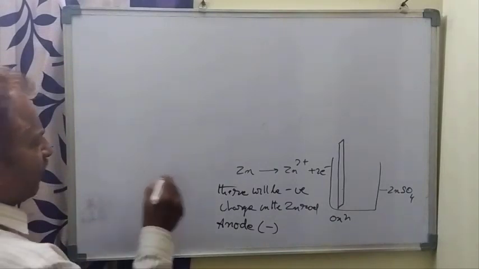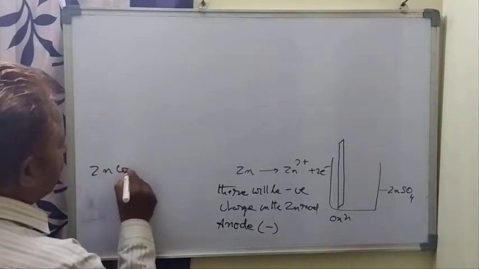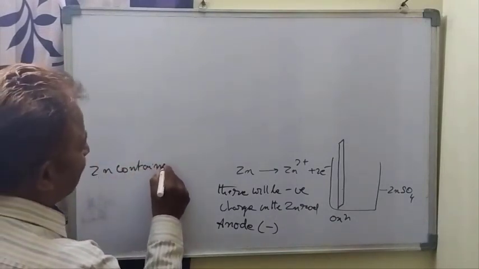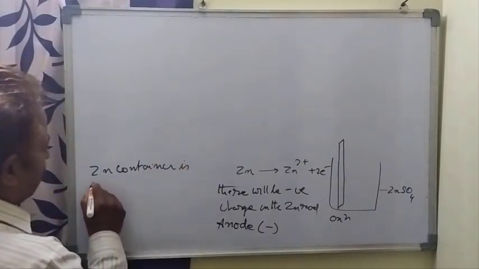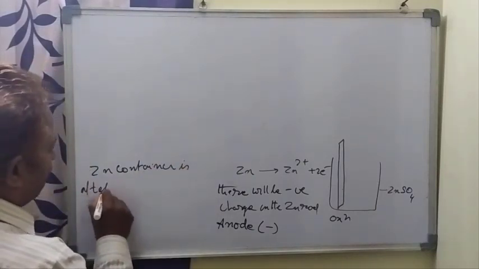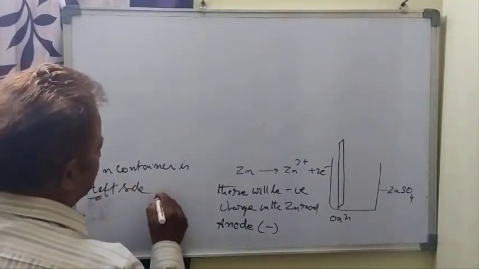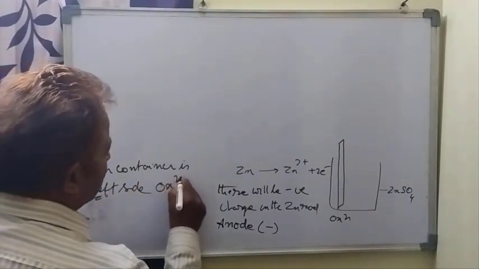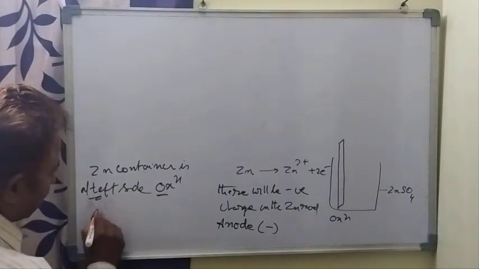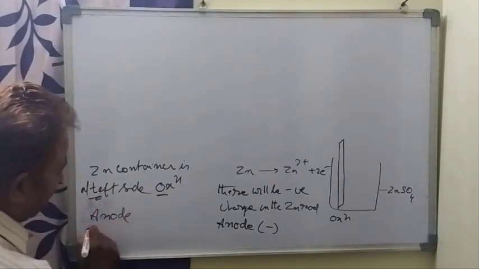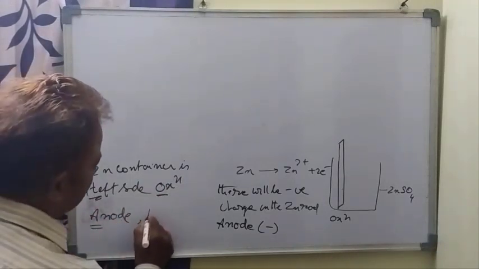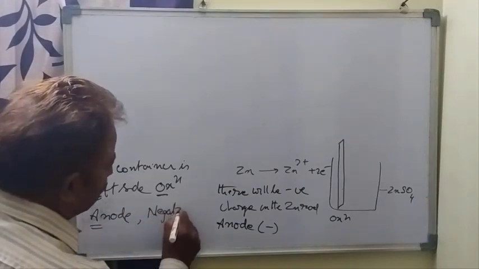Therefore what happens? Zinc container is at the left side, this is L, and oxidation takes place, O. This is anode, A, and it is negative, anode negative.